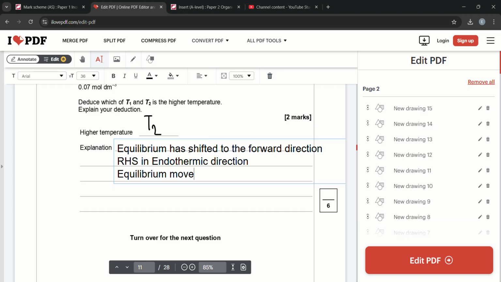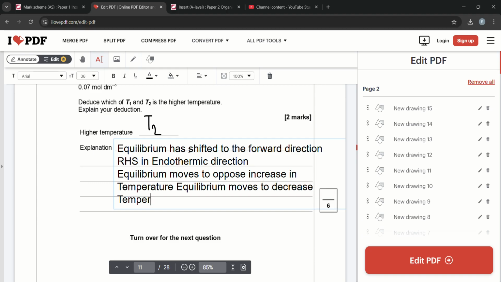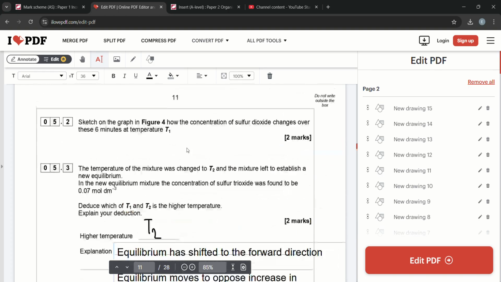Equilibrium moves to oppose the increase in temperature. Equilibrium moves to decrease temperature.